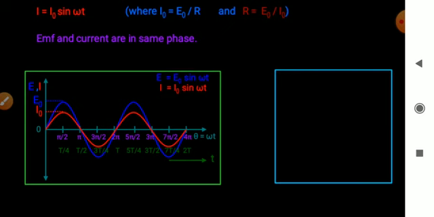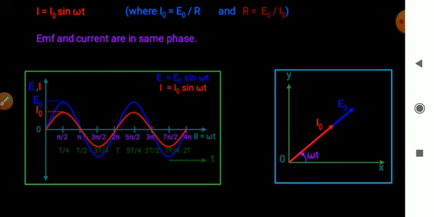In this diagram, E naught and I naught are represented by vectors rotating anti-clockwise with angular velocity omega, with respect to a horizontal reference axis.